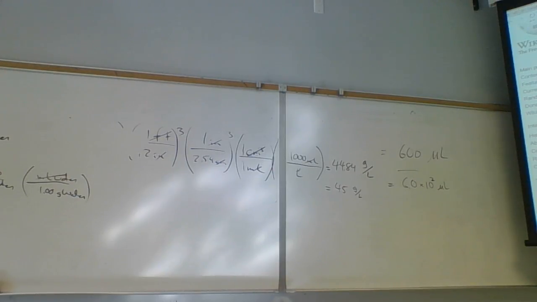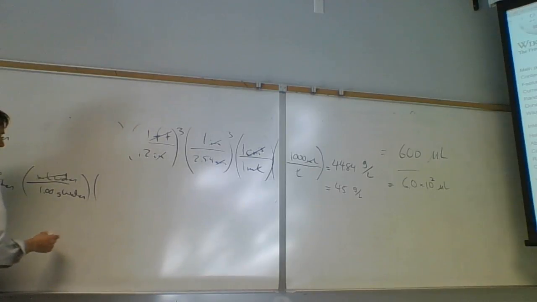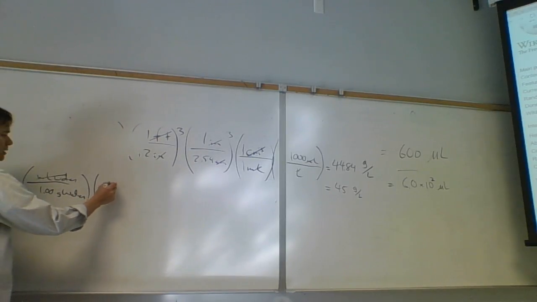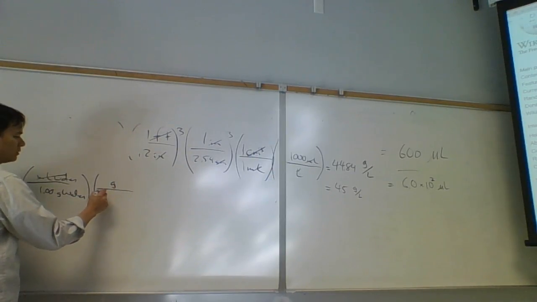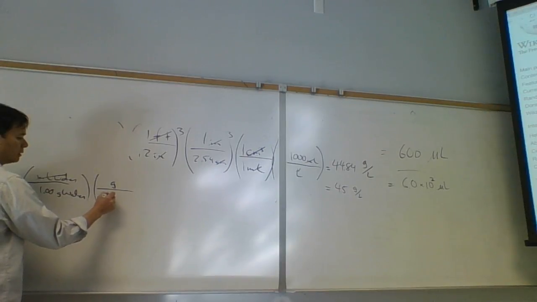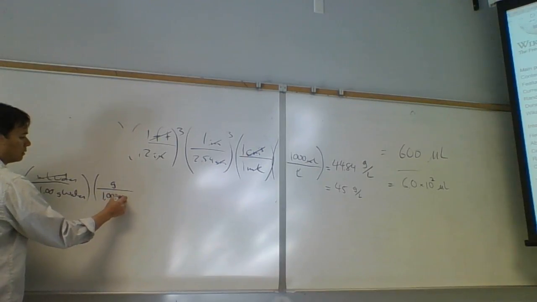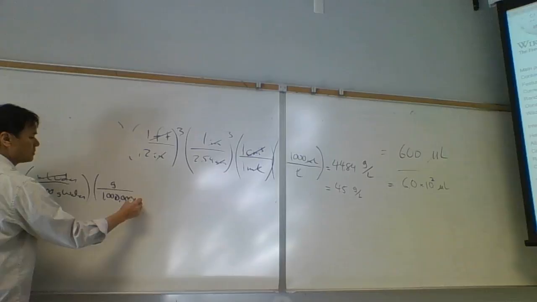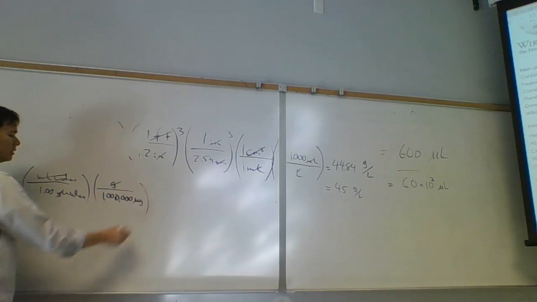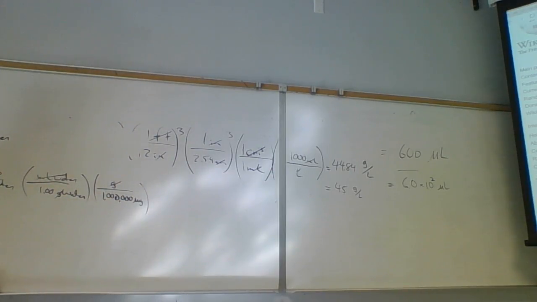10 to the 6, and 10 to the 6 is also known as a million. And so we can say this: for every gram, there are going to be 1,000,000 micrograms. The grams of water cancel, that leaves me with micrograms of water. Now take a look.